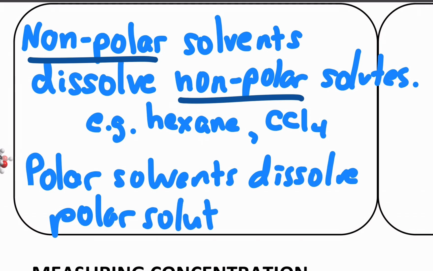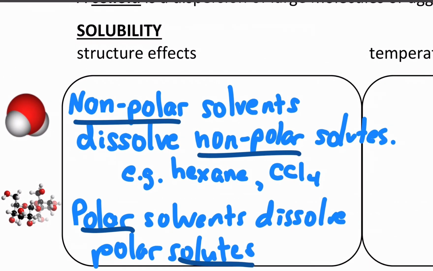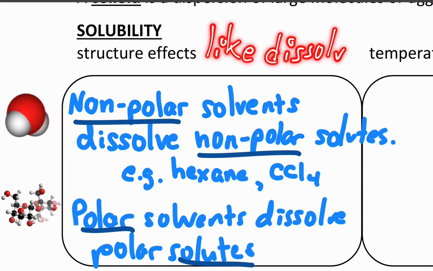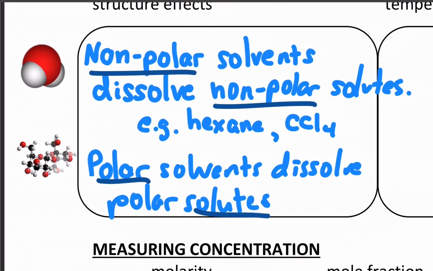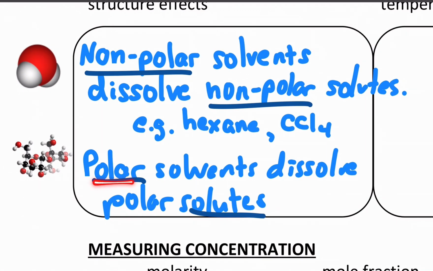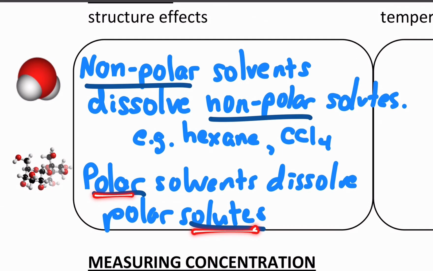So this is a very wordy way of saying what most students remember as like dissolves like, which I'm not writing down in your notes because it's not a sufficient explanation of why this all happens to be true, but you can certainly remember that as a truth. Similar molecules, based on their structural effects, will interact favorably, and therefore they'll typically dissolve each other.